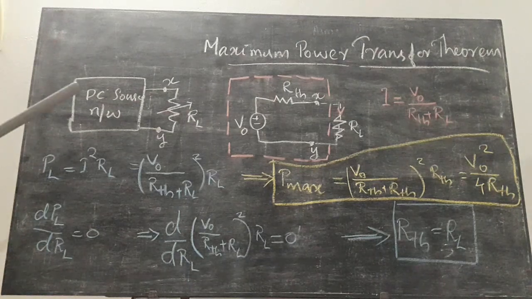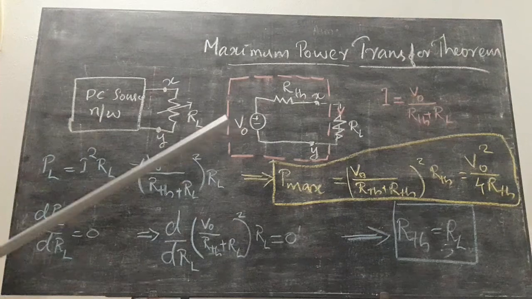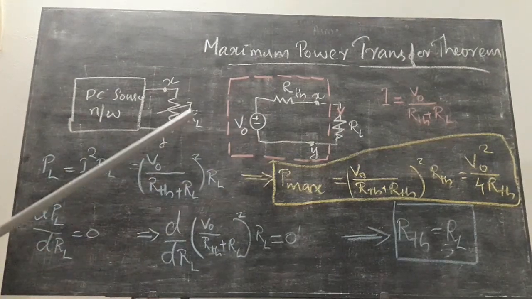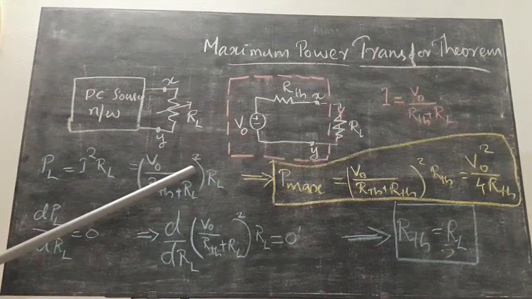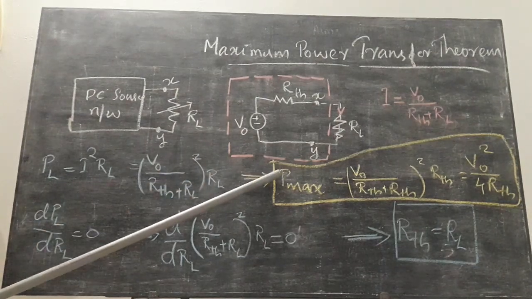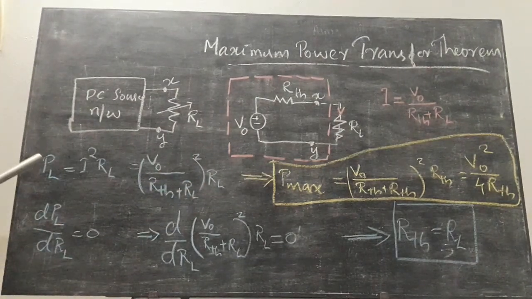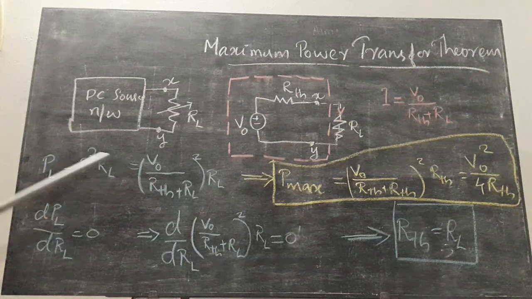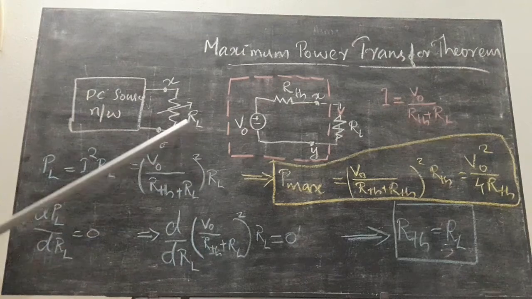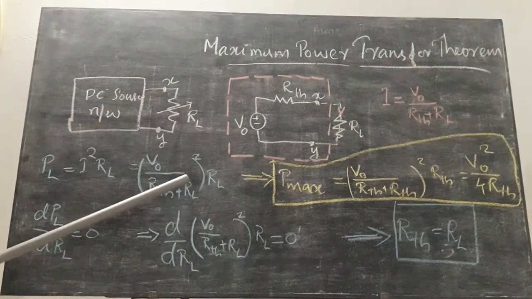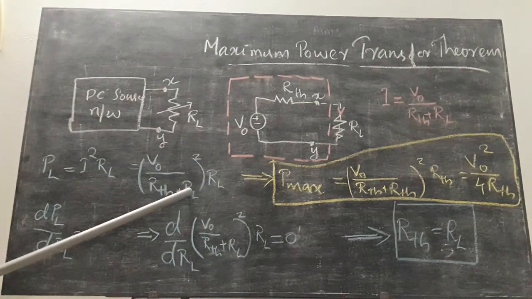Next, our aim is to calculate the amount of maximum power transferred from source to load. To get the value, we substitute in this equation: PL is equal to V0 square by RTH plus RL whole square, into RL. We know that at maximum power transfer, RTH is equal to RL.